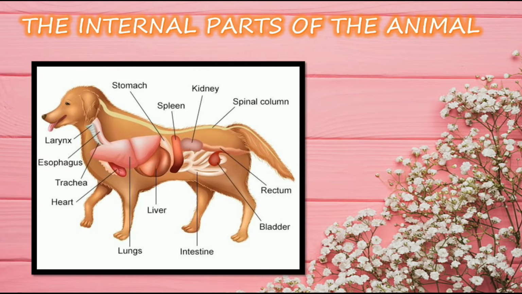Next comes liver. Liver secretes the bile juice, which is like a liquid used to digest the food which we take inside. Next comes the lungs. You all know the lungs are used to take the air inside and let the waste outside.